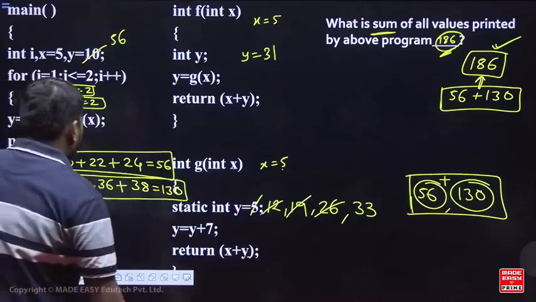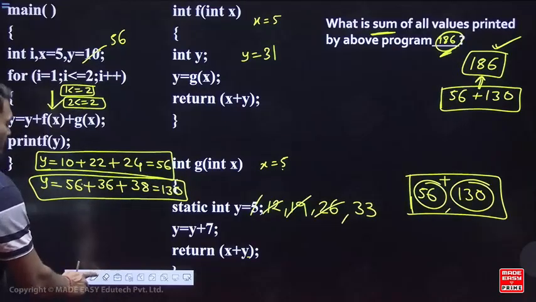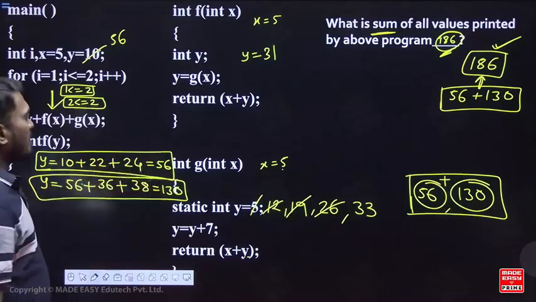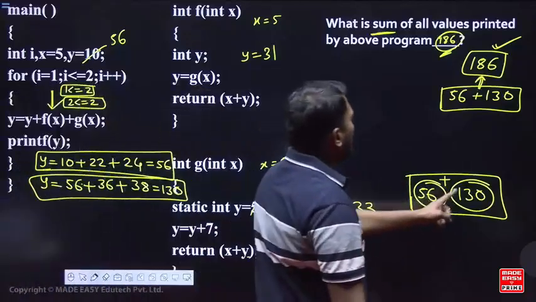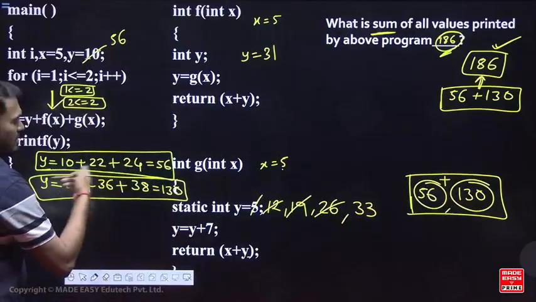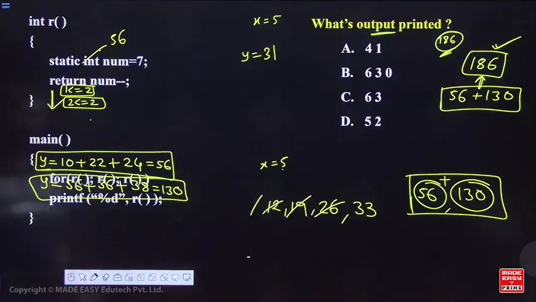Right. So let's move on to the next question. Just copy the answers. Okay, 186. This first value printed 56, second one 130. In case you want to copy, you can just copy only this one. So I'm just moving on to the next question.